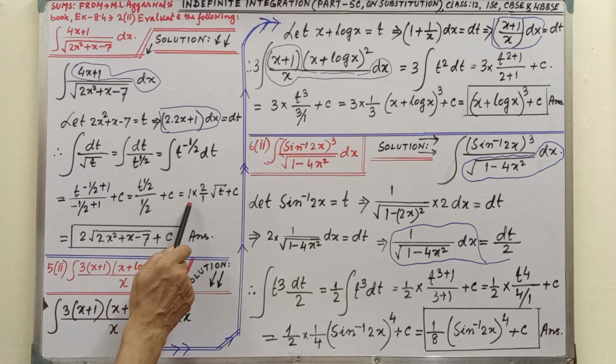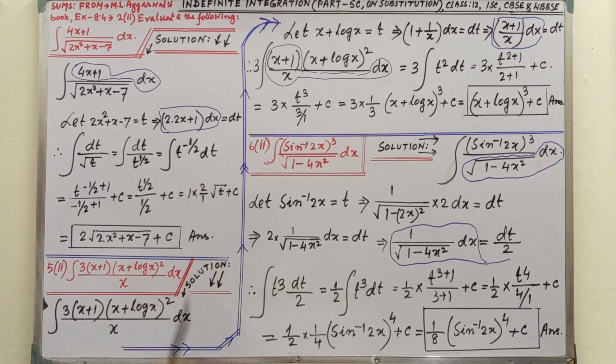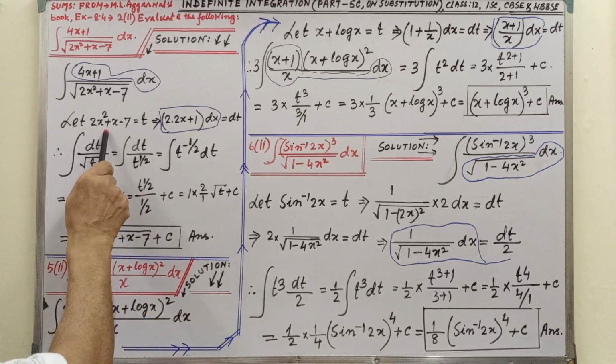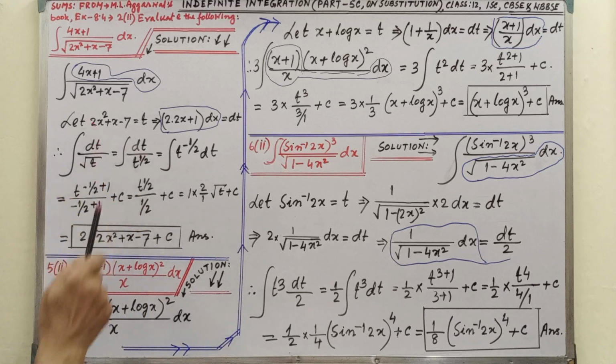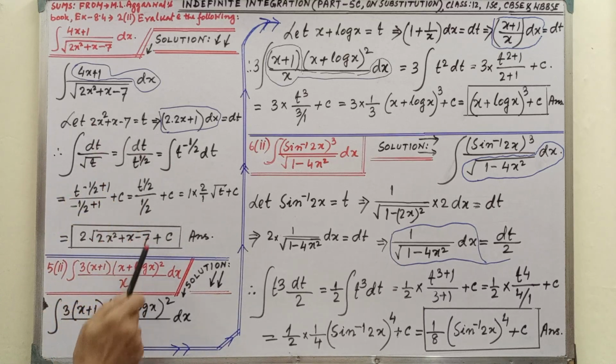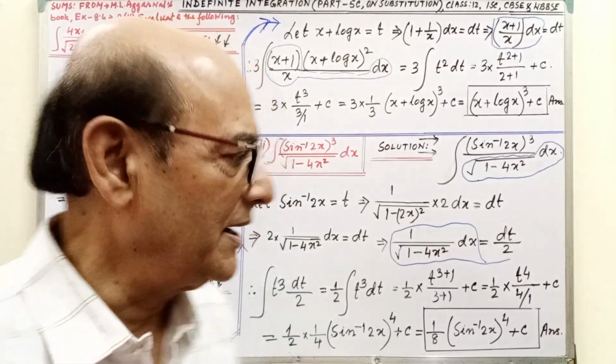Then by simplification we are getting this. Finally we have to put the value of t which we have considered. Here in place of t we have to put 2x square plus x minus 7, plus c. I think it is clear. If you follow the steps, then easily you will understand.